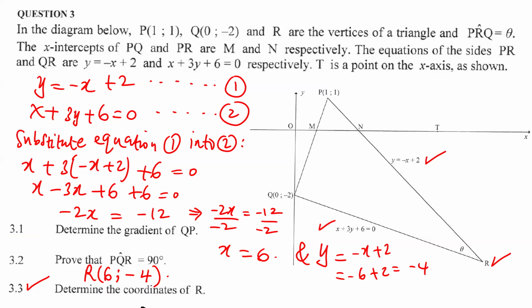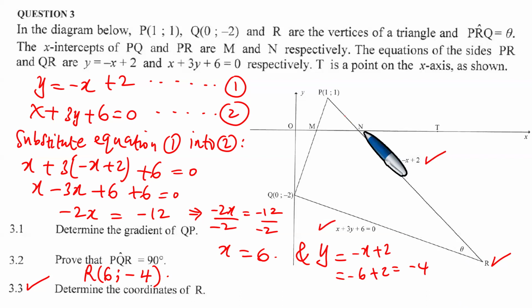Now, there are a couple of things that remain very important for us to take into account. Next, we solve the next question. Okay, to summarize, we have been able to determine the coordinates of R. How did we do that?